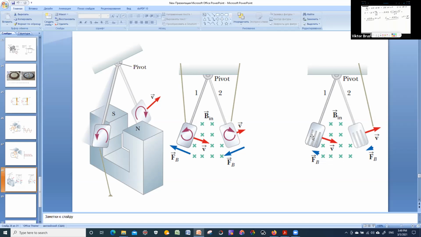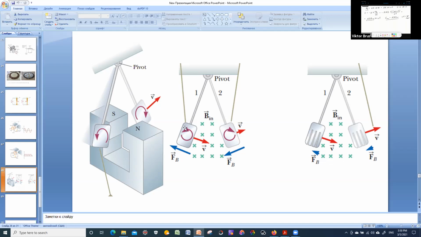However, this effect also has some practical application, and as I mentioned, if we have some moving conducting plate inside the magnetic field, the effect is that magnetic force slows down the motion of this plate.